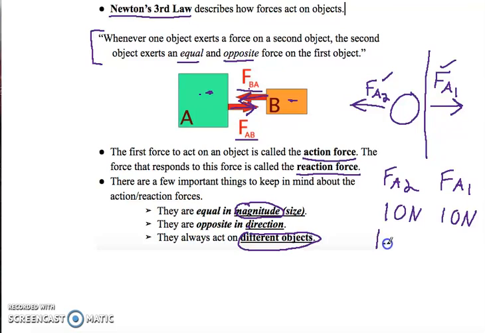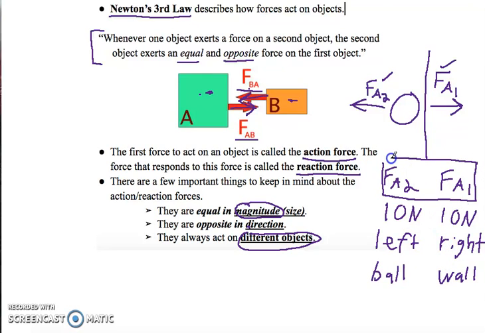The force on the ball is going to be to the left. The force on the wall is going to be to the right. Keep in mind they're acting on different objects. FA2, the force applied 2, is acting on the ball, and the force applied 1 is acting on the wall. This summarizes how, when things interact, the forces share some things in common, but there are a couple of differences.